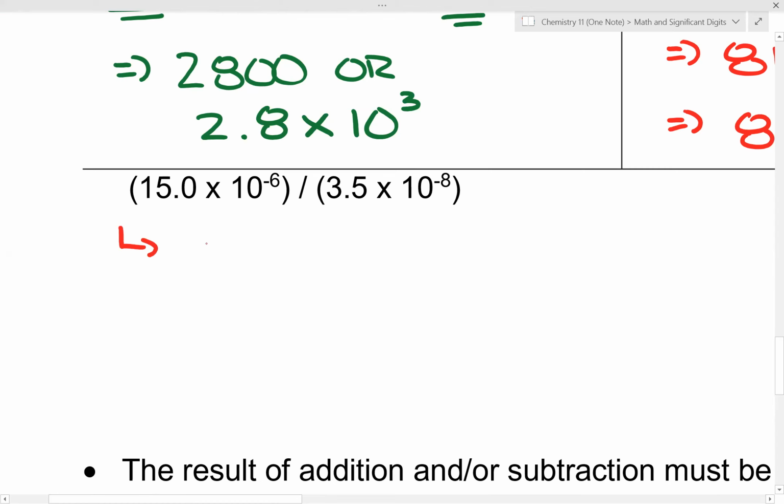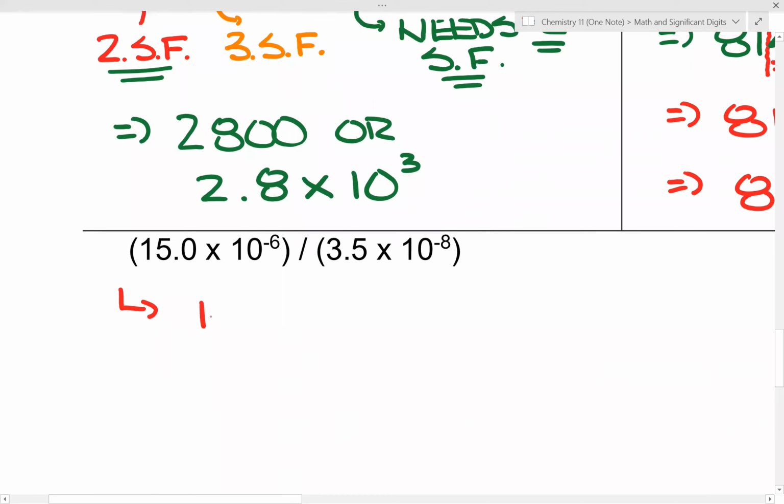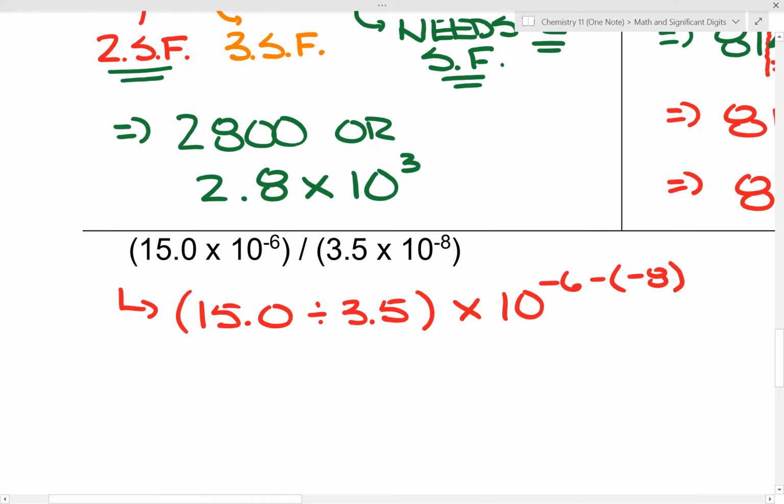I would have 15.0 divided by 3.5, and then multiply it by 10 to the negative 6 minus negative 8. Now, I have 15.0 divided by 3.5. So I get an answer of 4.286 times 10 to the 2.